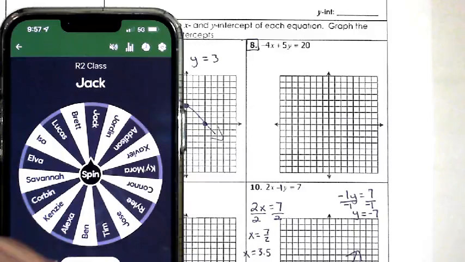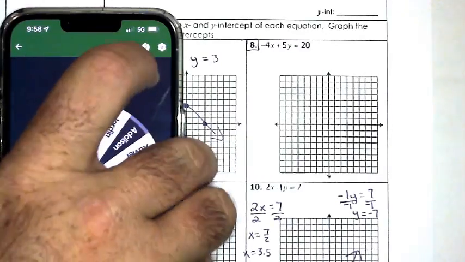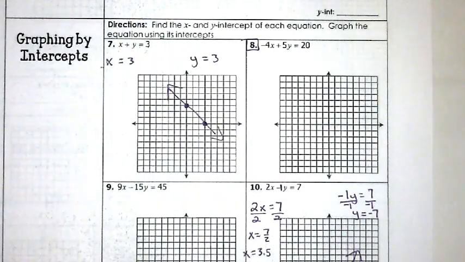And show us the right answer. Those darn lefties. Yeah, it's hard to see.